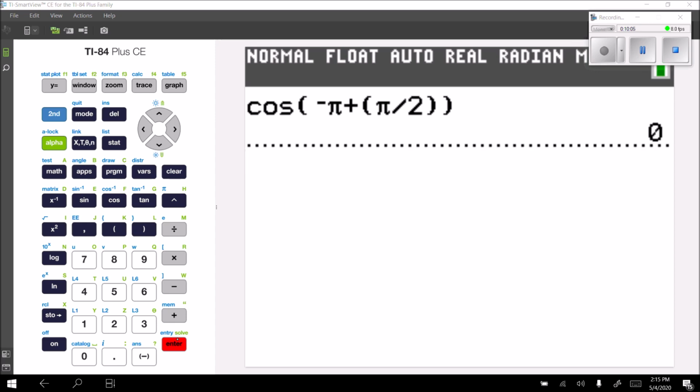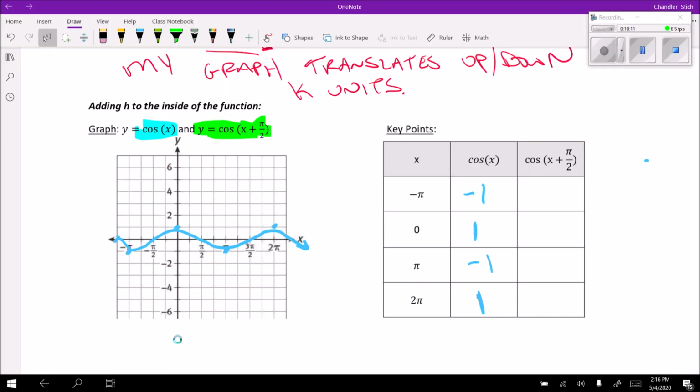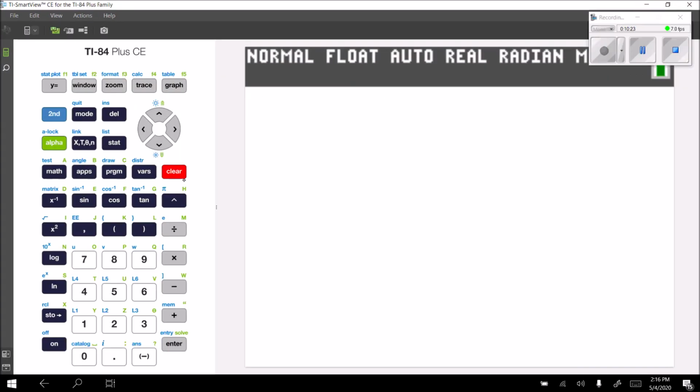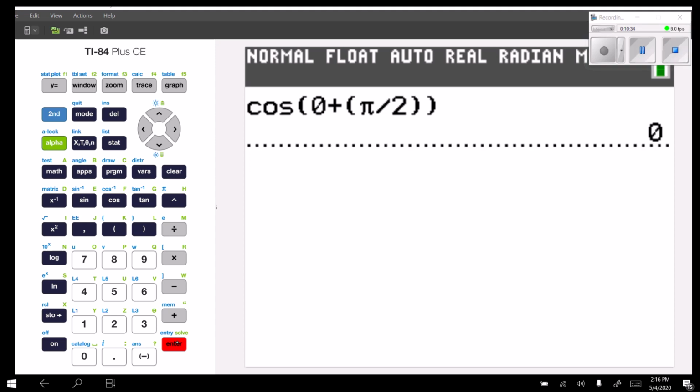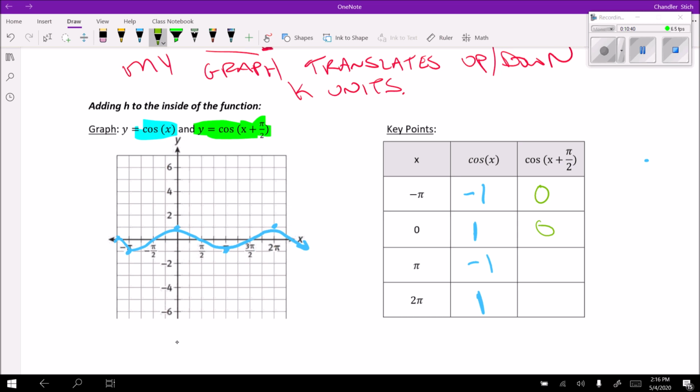Okay, so cosine of negative pi plus pi over 2, you get 0. How about cosine of 0 plus pi over 2 on the inside. So what you're doing is cosine of 0 plus pi over 2. You get 0. And then I'm assuming a lot, but I can assume that the other two are going to be that way too.